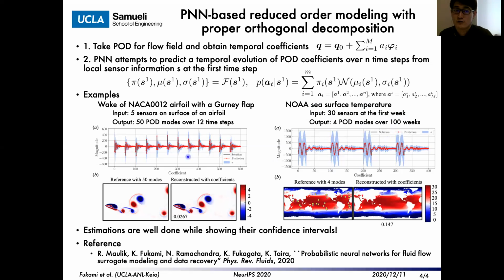Analogous to the wake example, the temporal evolution of the POD coefficient shows reasonable agreement with the solution data while showing its confidence interval as this blue curve. Then we can also get the high-dimensional representation by combining with the predetermined POD modes and the estimated coefficient a_i. As shown here, the reconstruction with the coefficient is in reasonable agreement with the reference temperature data.